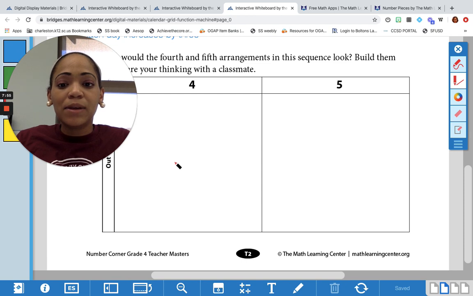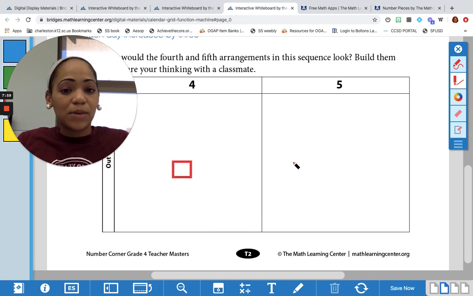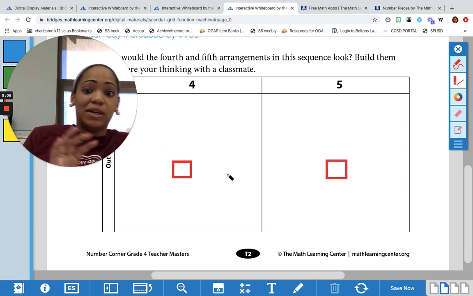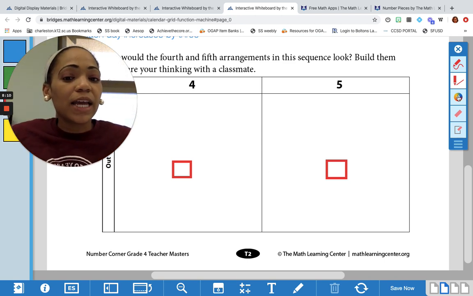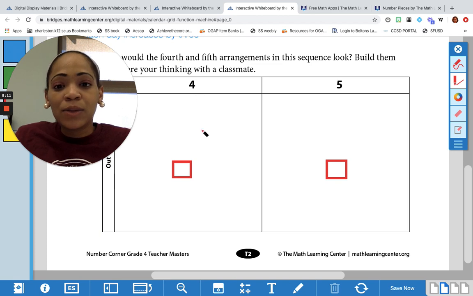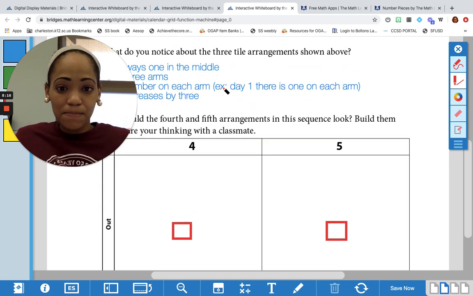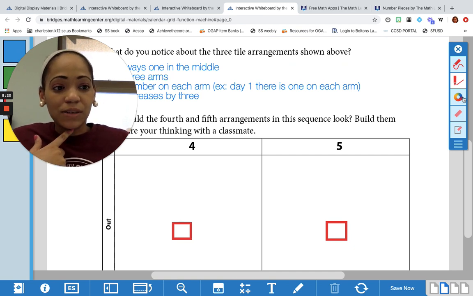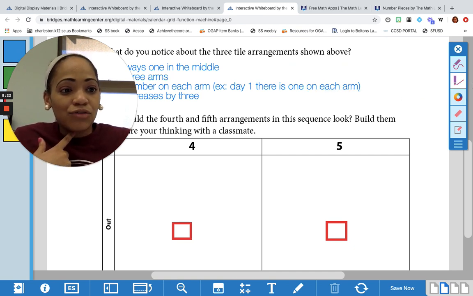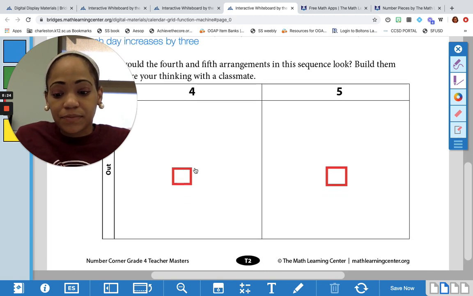So in the middle, we always have 1 square. So I'm going to put my 1 square here. You know, tiles are squares, so if this is not a square, I'm sorry. Not perfect, but that's okay. All right, and then since we know that each arm has the same number as the day, then maybe I should have written that up here for our observations, then I can just draw it simply like this.